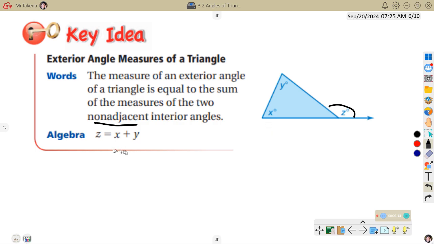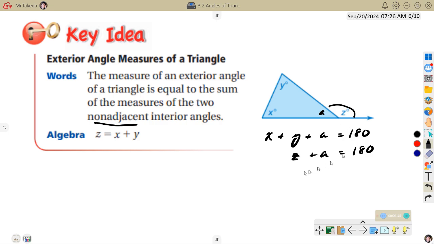But here's the relationship, that the measure of this exterior angle is equal to the sum of the others. So why is that? And this kind of makes sense if you think about it. I'm going to call the unlabeled one here A. So I know x plus y plus A equals 180 degrees. And I know A plus Z, because they're supplementary angles, also equals 180 degrees.